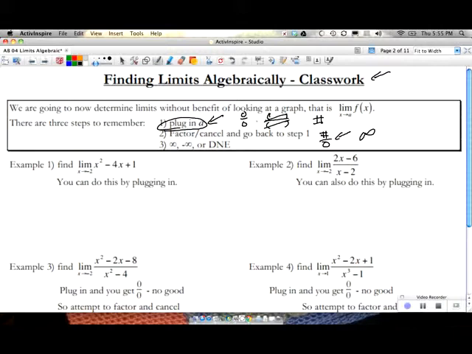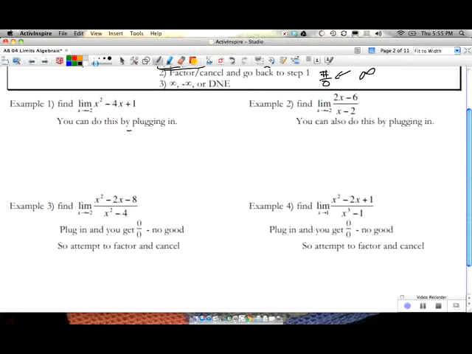Let's start with just the basics, which is plugging in a value. So this first one, you can do this by plugging in. I'm telling you right now, and so is Stu Schwartz, the guy that created this stuff, that you can just plug in. In other words, this value, x equals -2, is just going to be plugged in to x here and here. We're shortcutting.